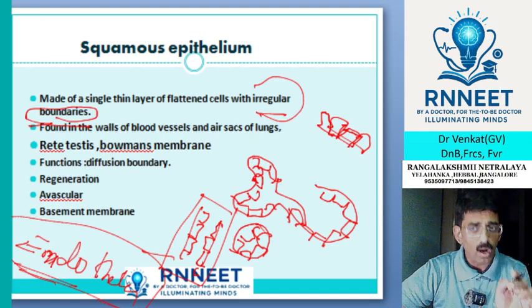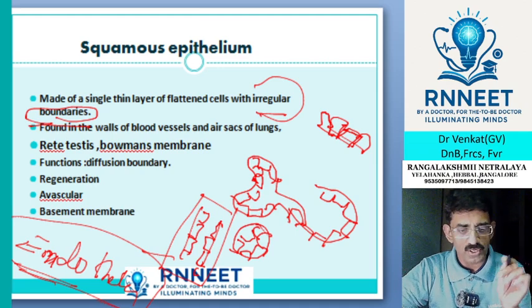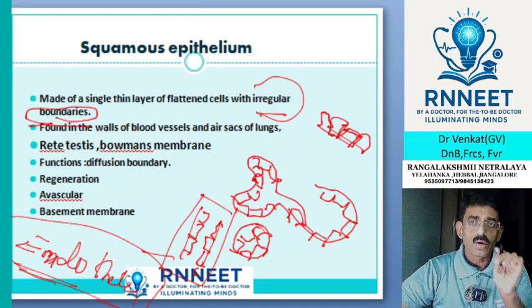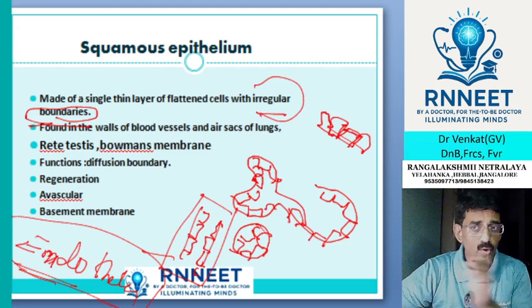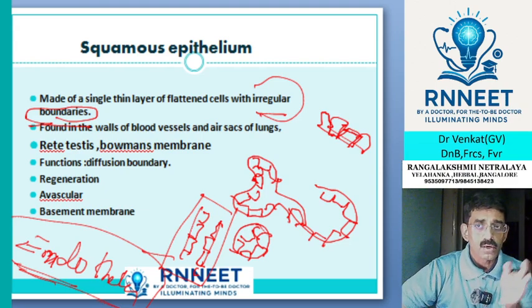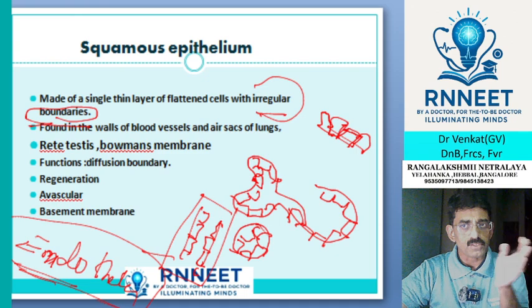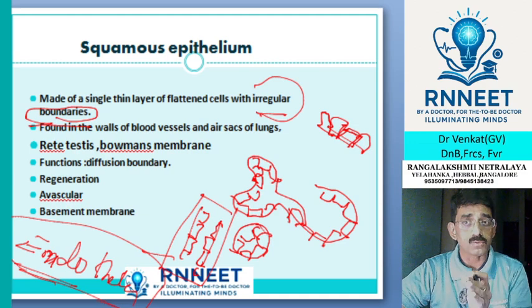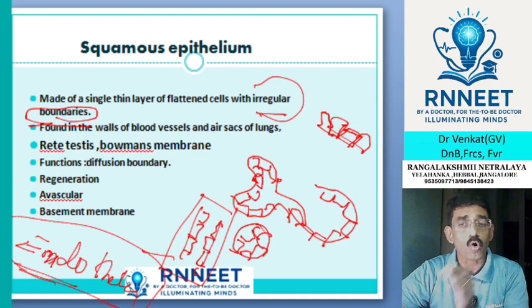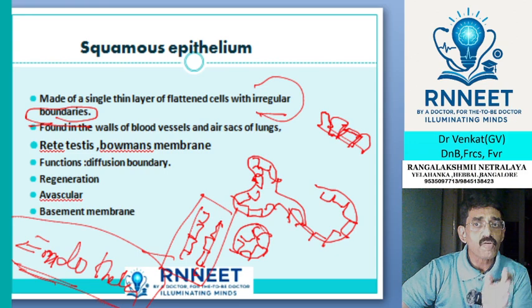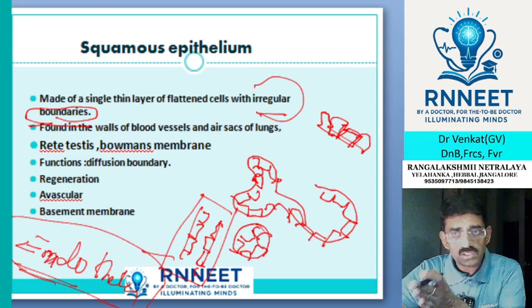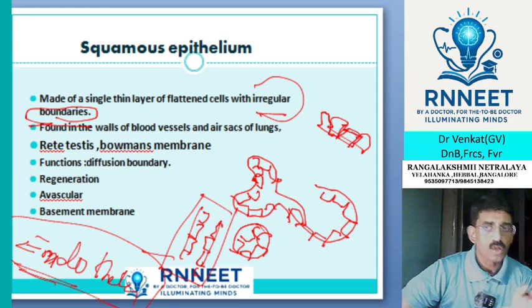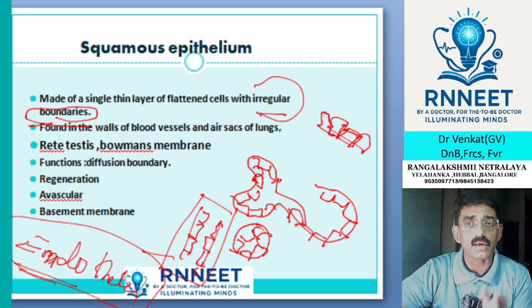Bowman's capsule allows passage of metabolites, the filtration that produces urine. In the rete testis you need transmission of spermatozoa, and therefore these are also single layer. Every portion, including the blood vessels, needs transfer of oxygen and nutrients across the blood vessel into the tissues. So again there it needs to be a single layer.